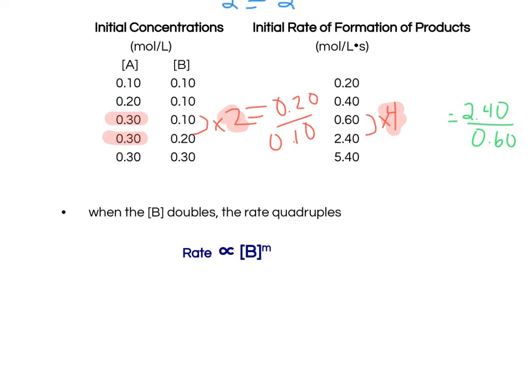I doubled the concentration of B, and I want to see how that affected the rate. Well, the rate quadrupled. So what is the only way that the left side equals the right side? That's if the value of m is 2. 2 squared equals 4. So the value of m has to be 2.